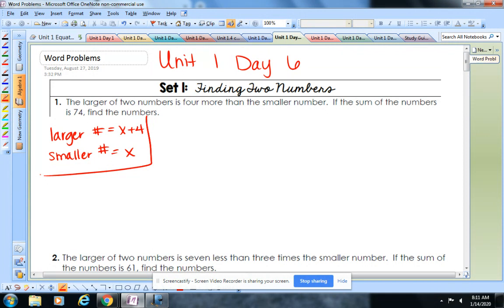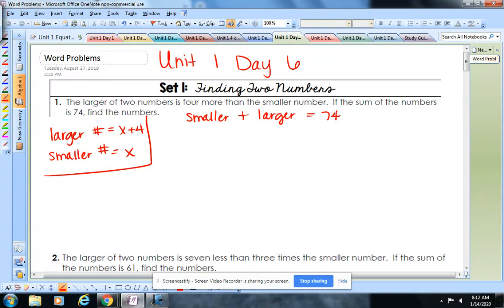Okay. So now we're going to write an equation based on that. It says the sum of those numbers. What does sum mean? I add them together and I get 74. Find the numbers. Okay? So the smaller number plus the larger number equals 74.